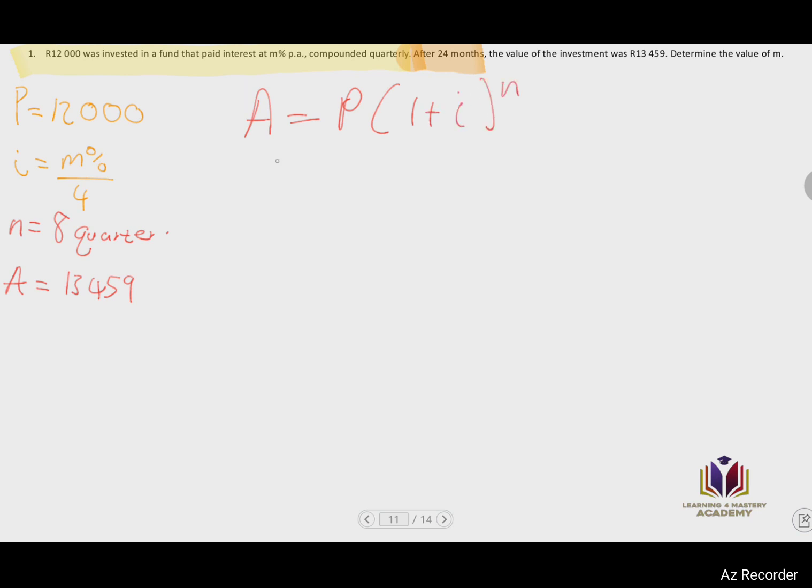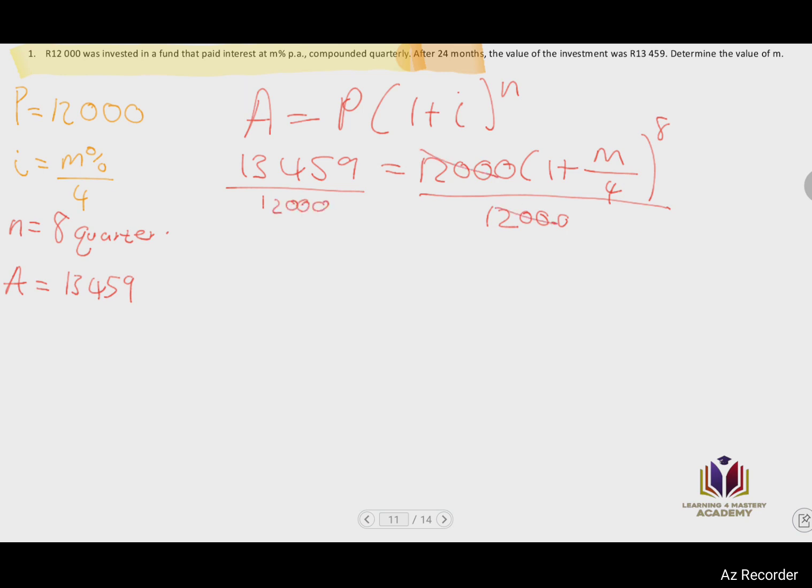Then you're going to say your A is 13,059 equals the principal amount, 12,000, then you're going to have your 1 plus the i, that's going to be m over 4, and then we're going to have our 8 up there. Then we can work out everything. You'll see what I meant by don't round off.